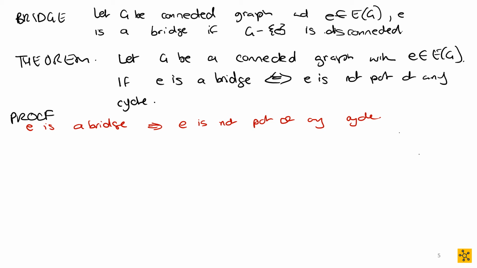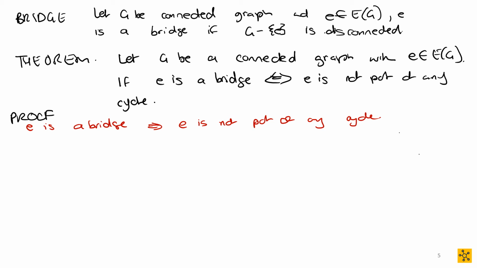So what do we know about bridges? We know if E is a bridge, then by definition, G minus E disconnects the graph. So in this regard, G is disconnected. Either G is going to be disconnected or E is not part of a cycle. And because G is connected, because remember that's also an A assumption, we can then show that E is not part of any cycle.